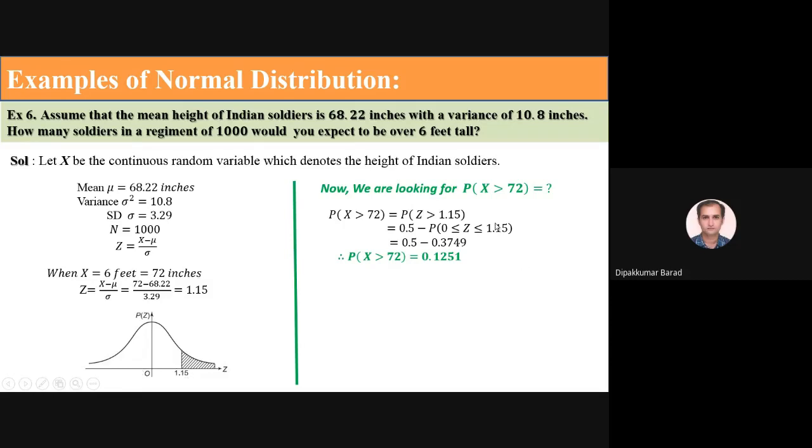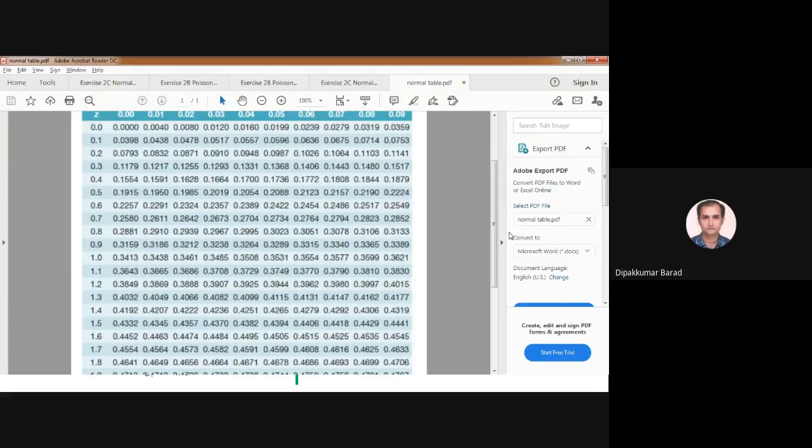From the table you have to look for 1.15: this is 1.1 here, and 0.05 here.